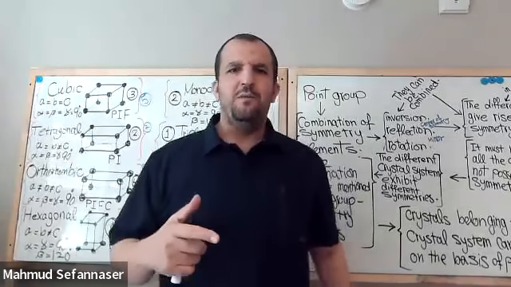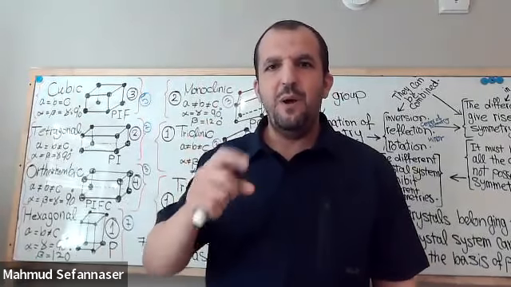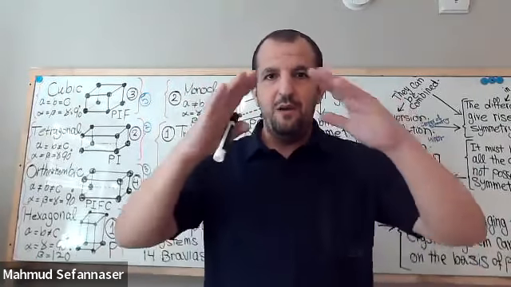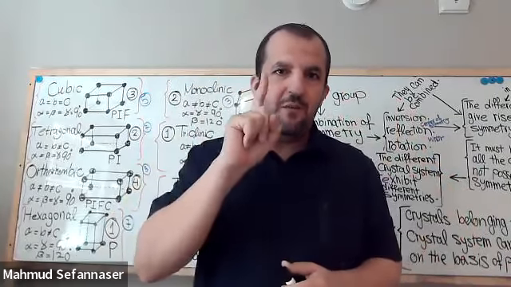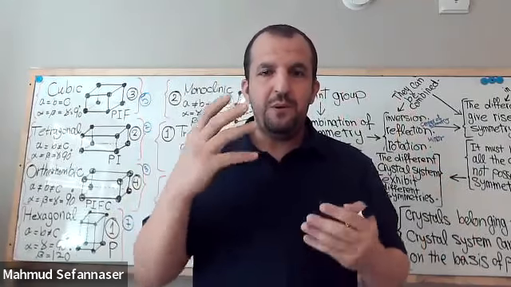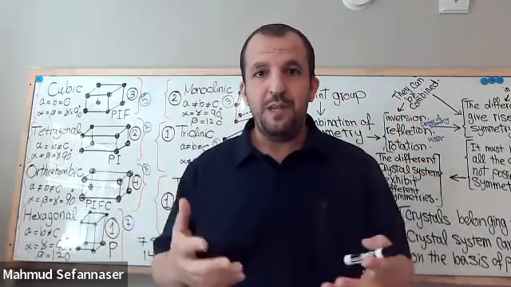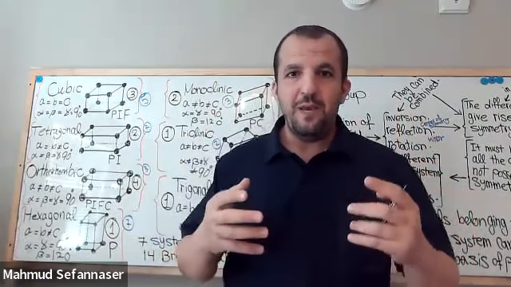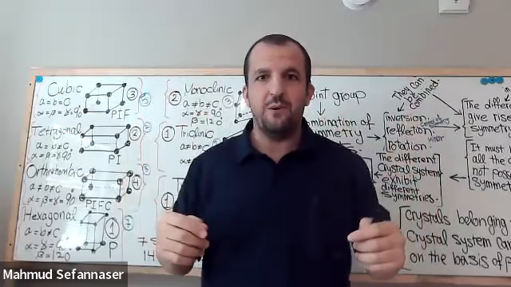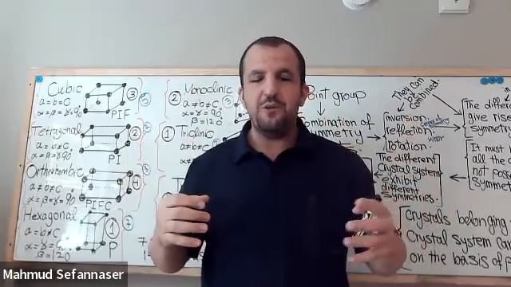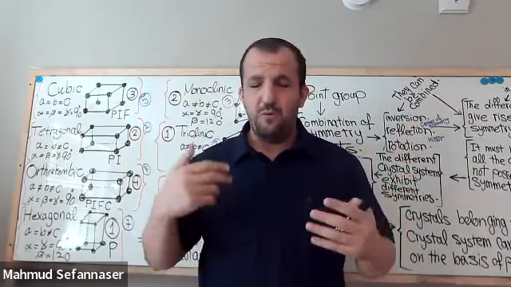What's the definition of the Bravais lattice? The Bravais lattice, guys, has one atom. So if you consider the unit cell from the Bravais lattice, you should have one atom. You still remember, guys, how we did that for the simple cubic. In the simple cubic, of course, we have 8 atoms on those 8 corners, and each one of these atoms contributes 1/8.